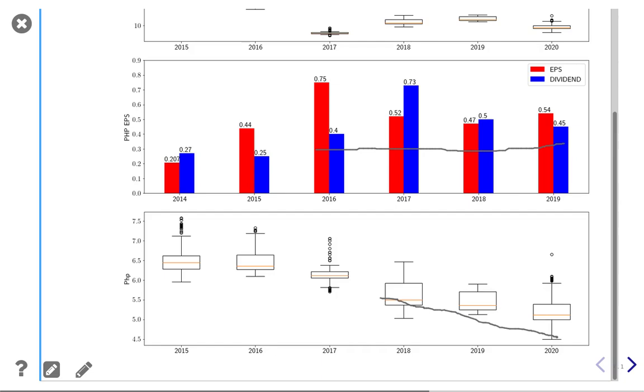While the company creates value through its earnings, it gives that value back to its shareholders, which is very good and very positive. Almost all of its earnings from 2014 to 2019 were given to the shareholders.